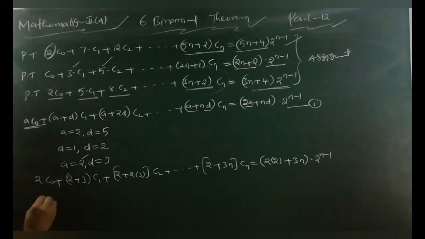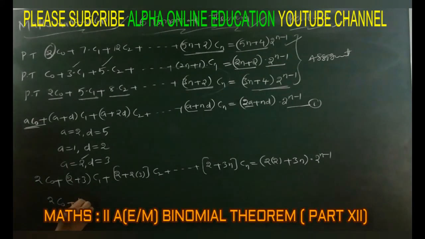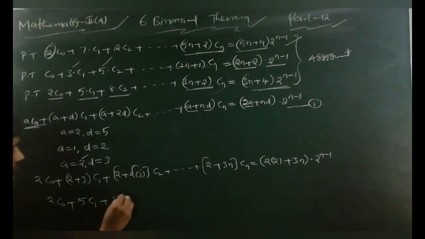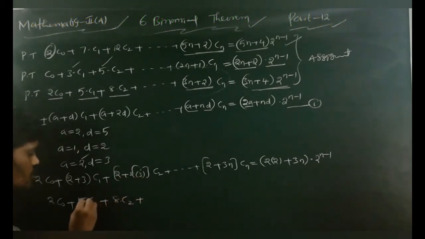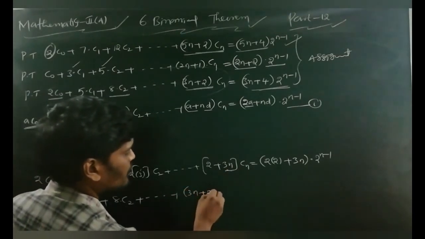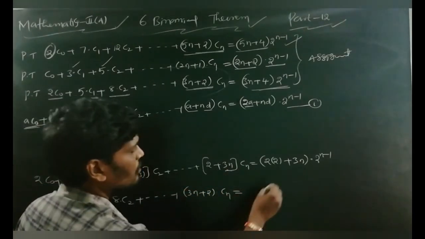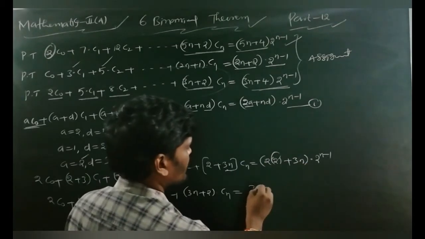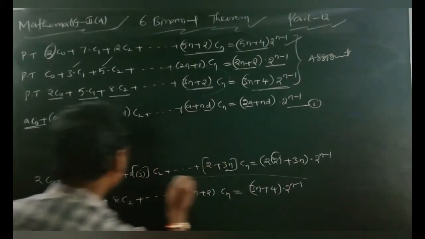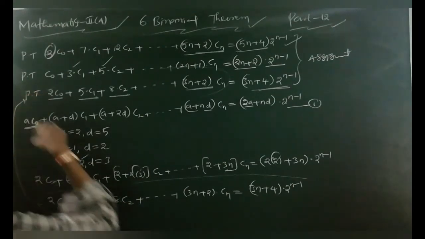Simplify this: 2 C0 plus 5 C1 plus 8 C2 and so on, plus (3n plus 2) Cn is equal to (3n plus 4) into 2 power n minus 1. You get the third answer.